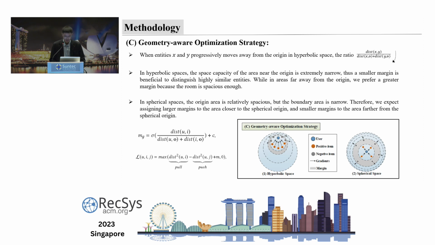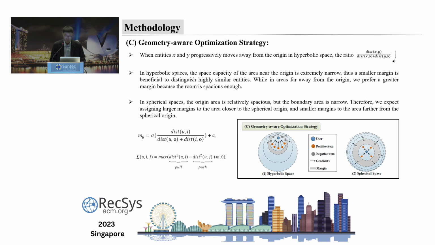When entities x and y progressively move away from the origin in hyperbolic space, the ratio becomes smaller. First, in hyperbolic spaces, the space capacity of the area near the origin is extremely narrow. Thus, a smaller margin is beneficial to distinguish highly similar entities, while in areas far away from the origin, we prefer a greater margin because the room is spacious enough.